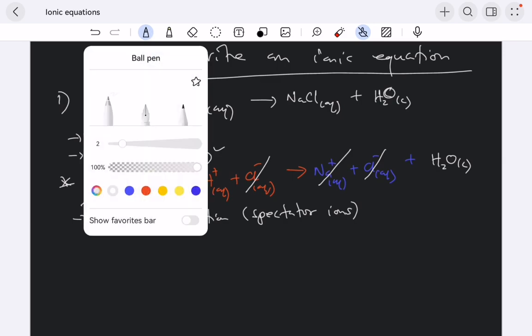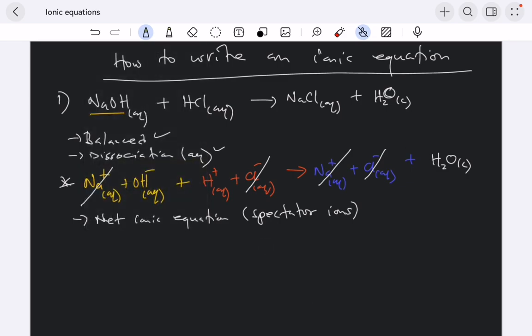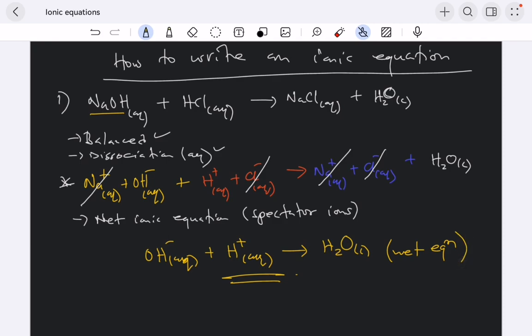Therefore, what remains as the final equation becomes OH- aqueous plus H+ aqueous, giving H2O liquid. So this becomes the final net equation for this particular example.